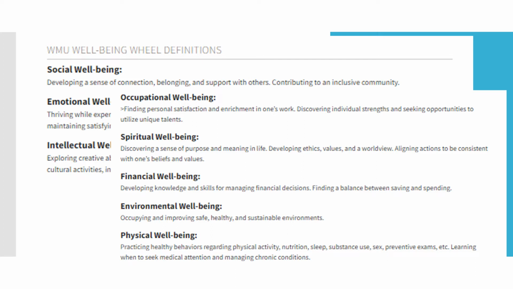Environmental well-being is about a sustainable environment, having a healthy environment, living and occupying and working toward having a healthy place where you live, but you're also concerned about how your decisions influence the greater good. Physical well-being is what you probably assume right off the bat. Sleep, nutrition, sexual relationships, making sure that you seek medical attention when you need it.